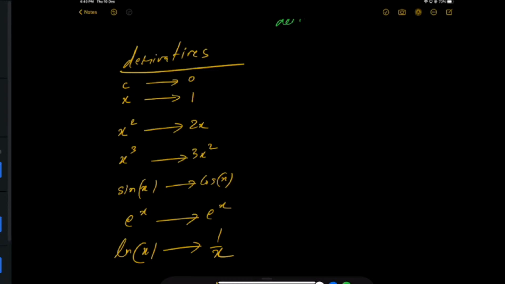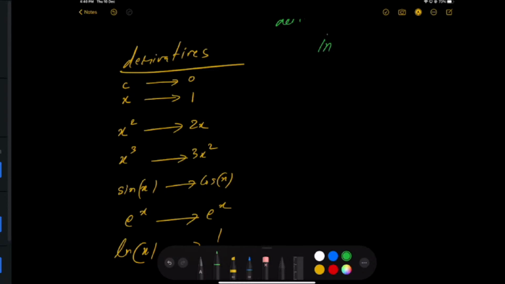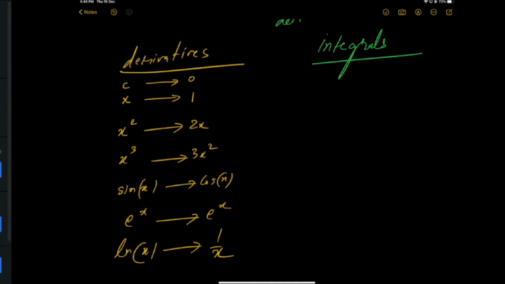Now I'm writing integrals here. So integrals are opposite, right? So the integral of 0 is a constant. The integral of 1 is x. Actually, plus constant also you get, but I'm not writing that. I'll write x plus some constant.